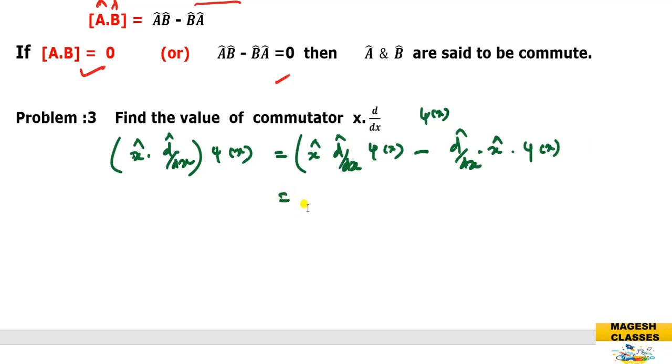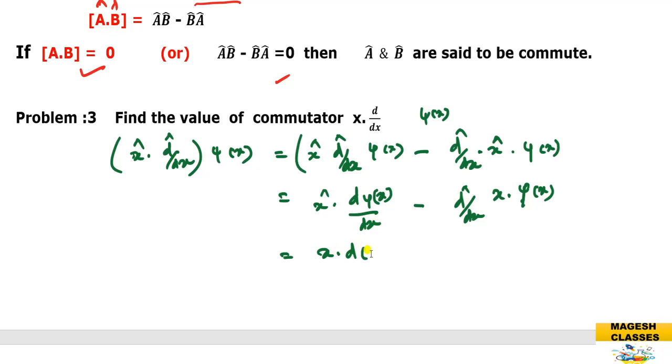So this is equal to x, operated on psi, d by dx, minus d by dx operating on x psi. Here x is a linear operator, a multiplication operator. So this is equal to x d psi by dx minus, it is a differential operator, so first differentiate x, then multiply with psi.